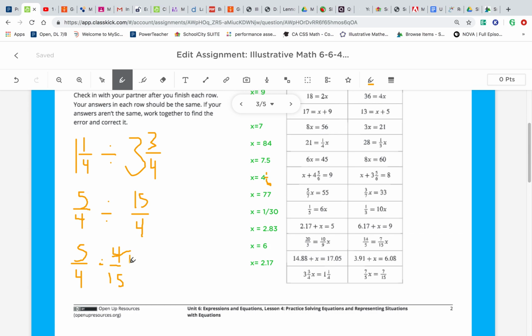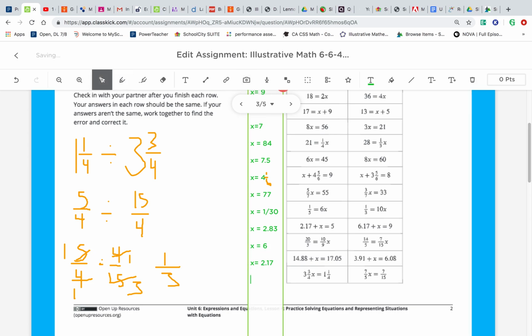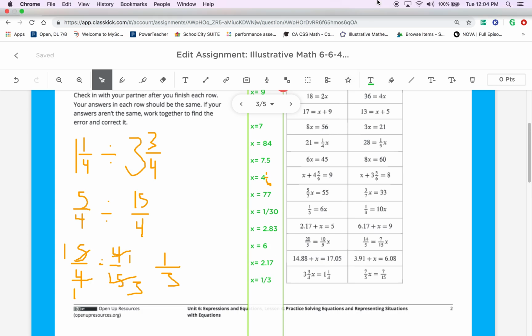That's really going to be just 1 over 1. And then 5 over 15, that's really just going to be 1/3. So we have 1 times 1, that's 1. 1 times 3, that's 3. So we get 1/3 as our answer. x equals 1/3. All right. Hope this helps.